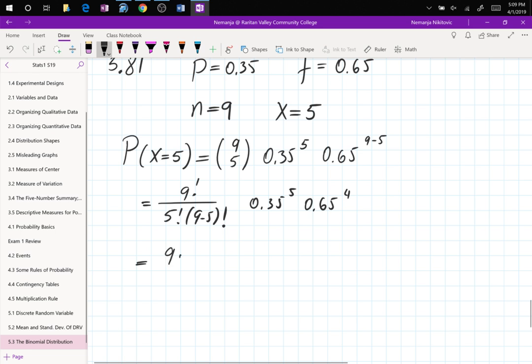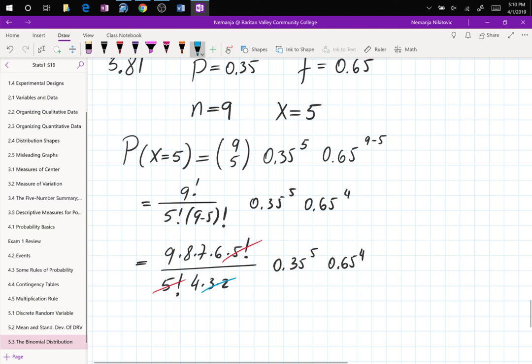So this is 9 times 8 times 7 times 6 times 5 factorial divided by 4 times 3 times 2, times 0.35 to the 5, 0.65 to the 4. These 5 factorials are gone, and then I have my 6 and this one, and then I have the 8 and a 4.